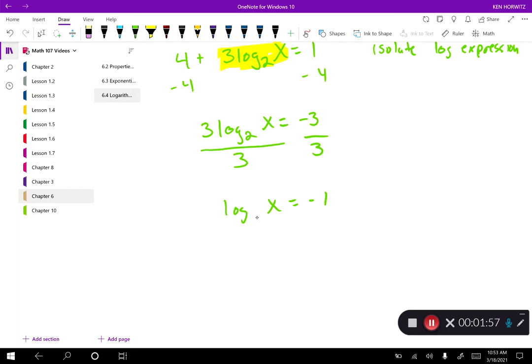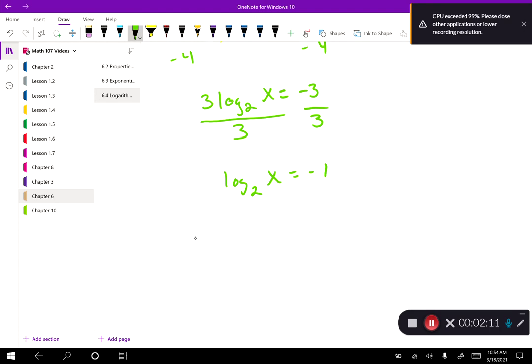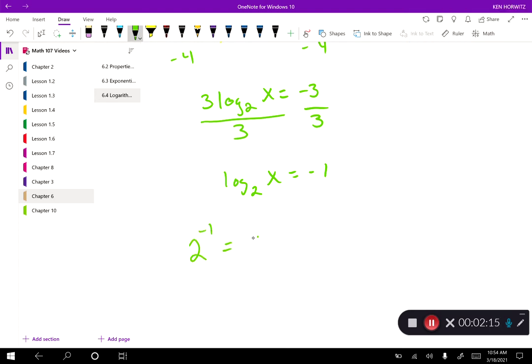Now, once the logarithmic expression is isolated, we need to change it back to exponential form. And you're going to find that this is going to be the final step with most of our problems. All right, so we take our base, raise it to our exponent, and it equals the argument.